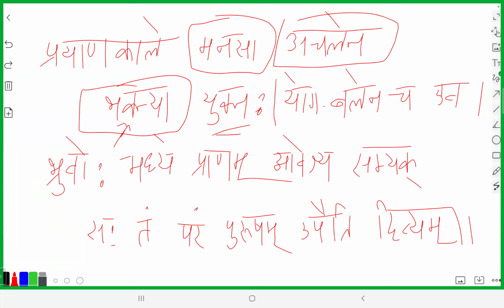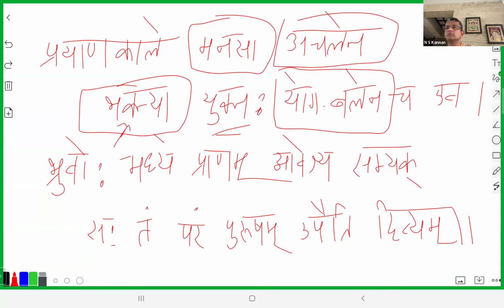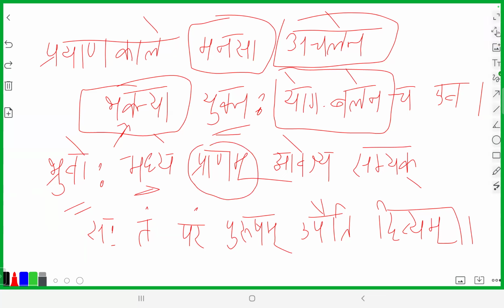Yoga balena, tritiya ekavachanam. With yoga bala, right? And then what more? Bhruvoho madhye, in between the eyebrows, keeping the prana in between the two eyebrows, right? In that process, saha divyam paramam tam purusham upaiti.